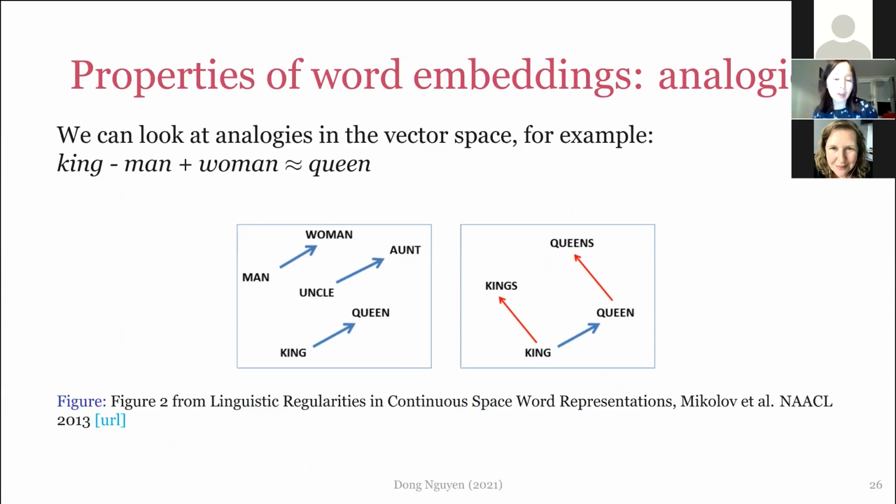And surprisingly, in many cases, it works. So for example, we could take the word embedding for the word king, subtract the word embedding for the word man, and add the word embedding for the word woman. What we get is a word embedding that's very close to the embedding of the word queen.